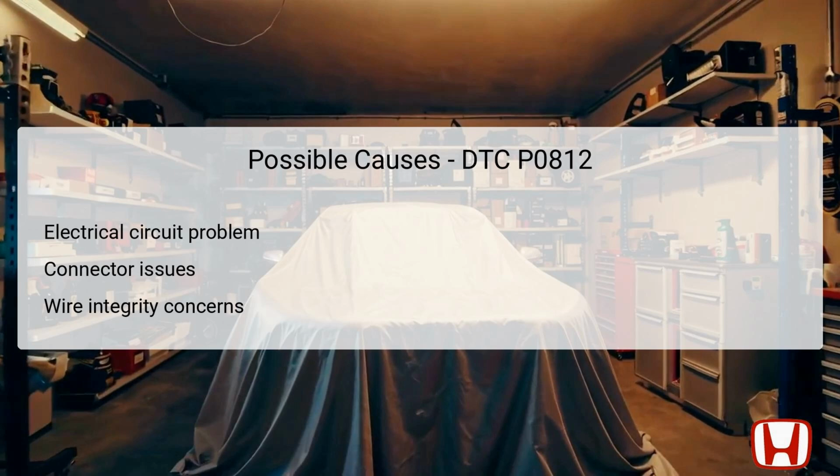Another cause could be concerns with the wire integrity of the ATP R line, which connects the transmission range switch to the PCM. This wire must remain intact without breaks for the switch to operate effectively. Understanding these potential causes is crucial for effective troubleshooting, helping pinpoint where the failure might lie within the electrical circuit, allowing for focused and efficient repair efforts.